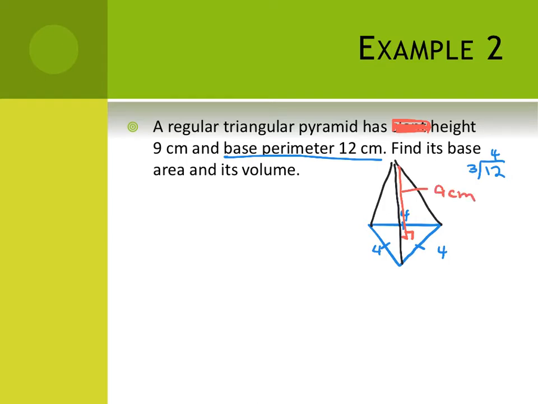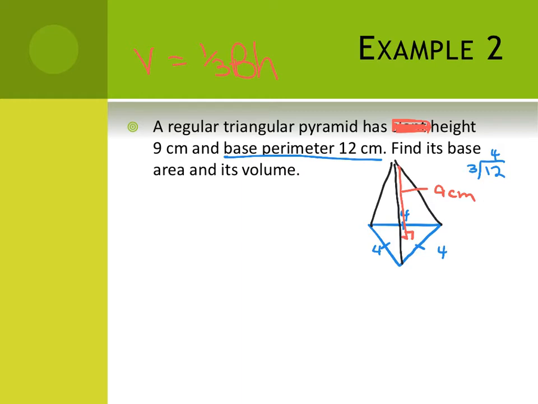So now what I need to do, remember my formula for volume is 1/3 capital B times height. So the area of the base times the height. I need to find the area of the base.